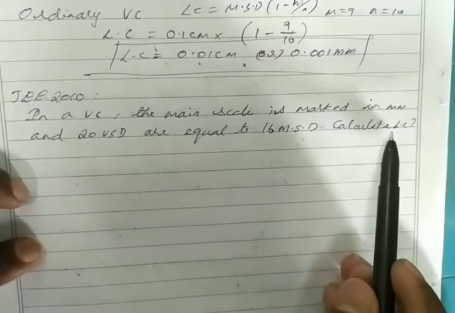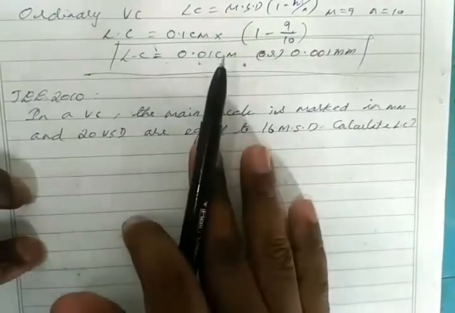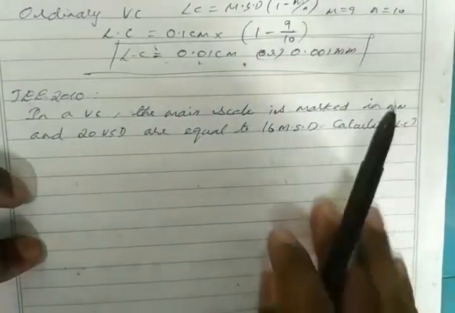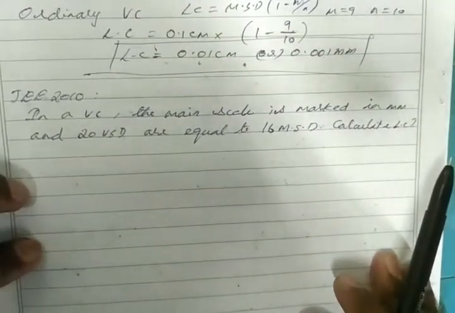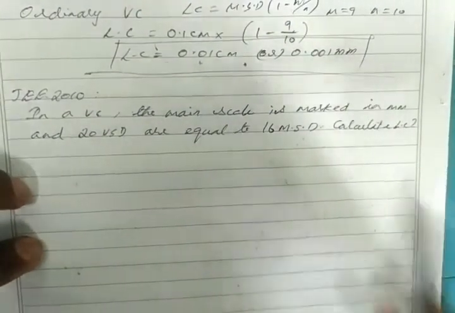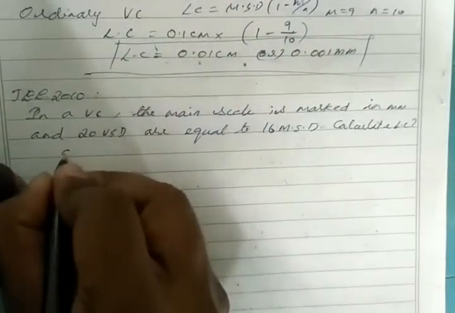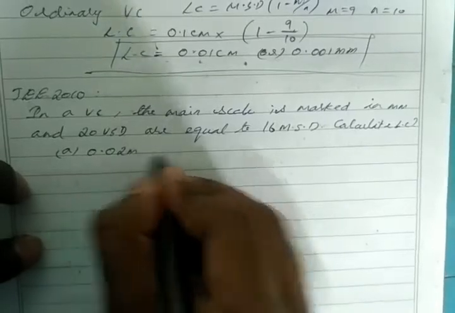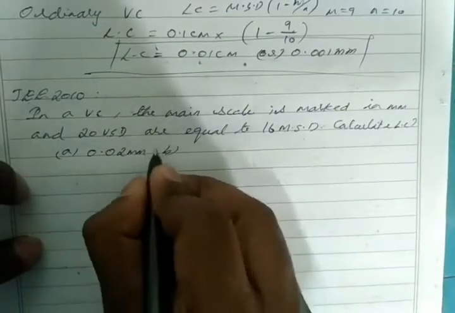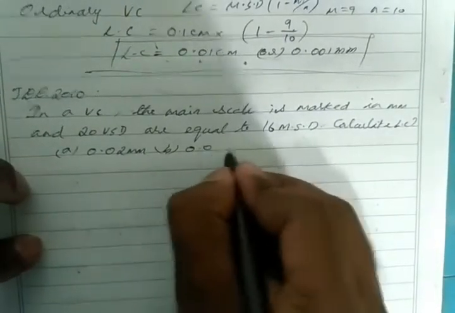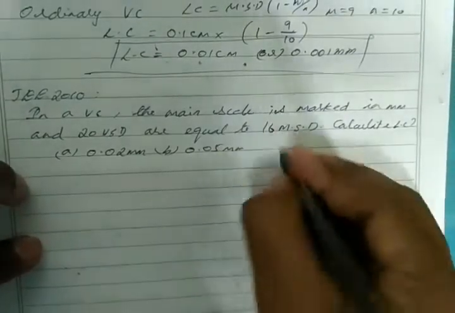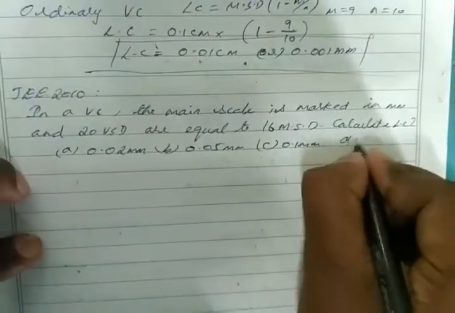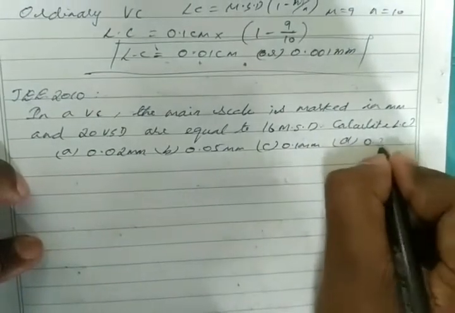So we have to calculate the least count of this vernier caliper. We have 4 options: A 0.02 mm, B 0.05 mm, C 0.1 mm, D 0.2 mm.